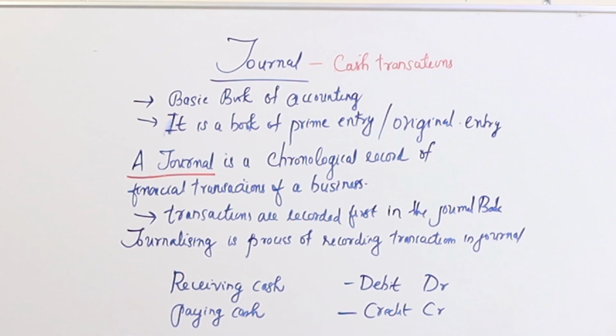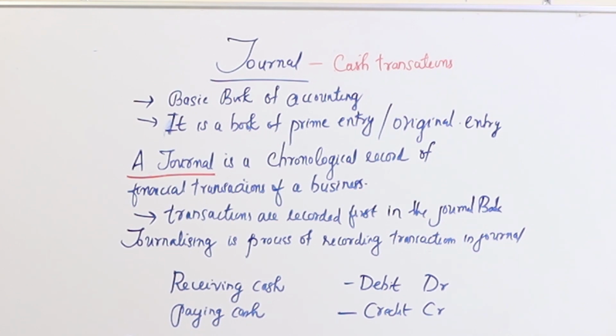Which means we have to record the transactions in order. This is the first book of accounting. This is a basic book of accounting. That's why we can call it the book of original entry, and the book of prime entry. Okay, so this is journal.